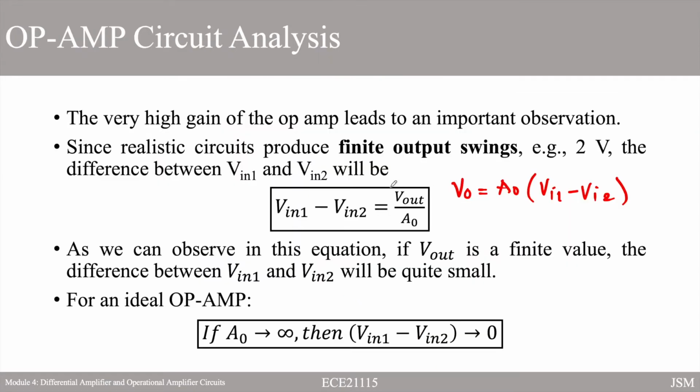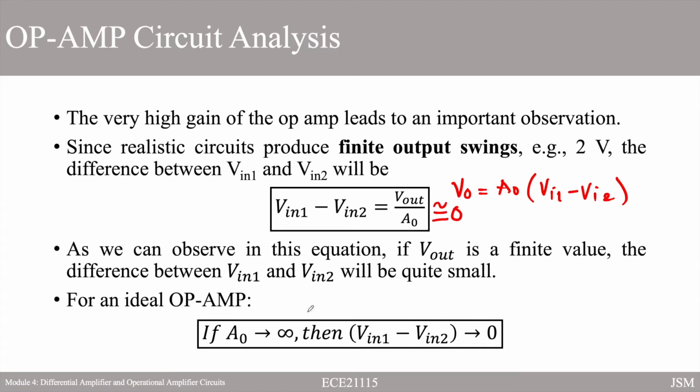Okay? Kapag ating output voltage is not infinity, so just a finite output voltage, let's say for example 2 volts, makita natin that 2 volts divided by a really large number is approximately equal to 0, di ba? So we can say that this is approximately equal to 0.